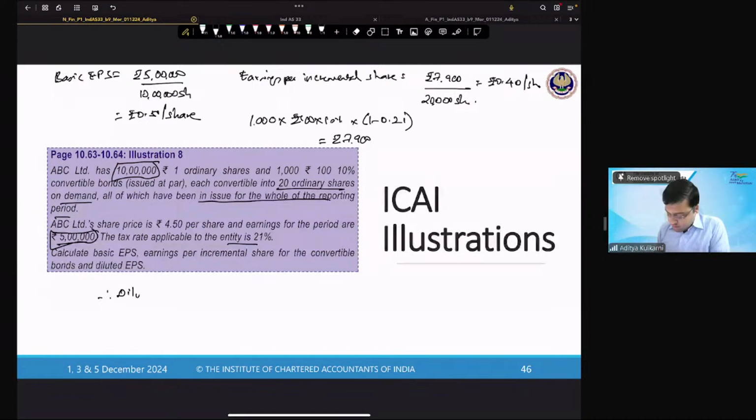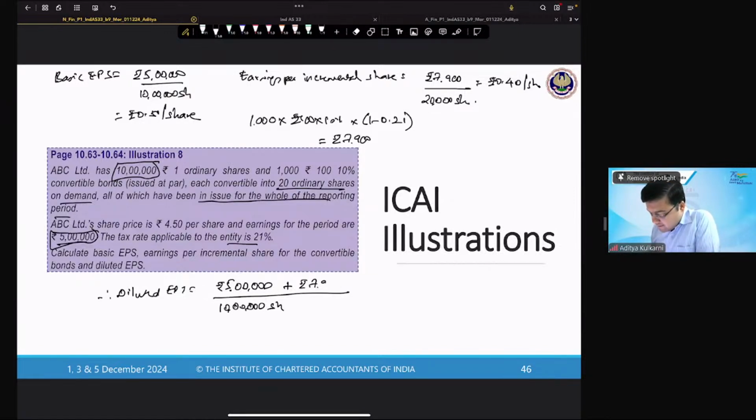Therefore, diluted EPS is equal to basic rupees 5 lakh by 10 lakh shares plus on dilution 7,900 plus 20,000 shares.